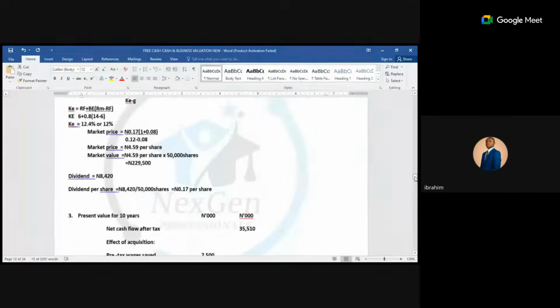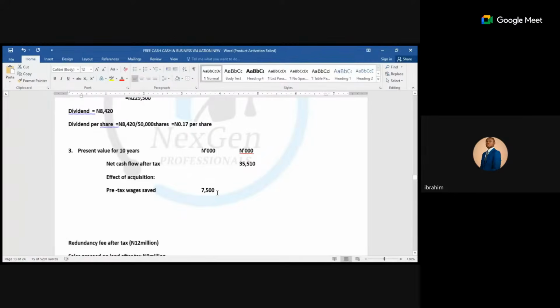It is also pre-tax. Don't forget that all these things we are still going to do for how many years, class? For 10 years, right? 10 years. So you can include it in what we're doing.